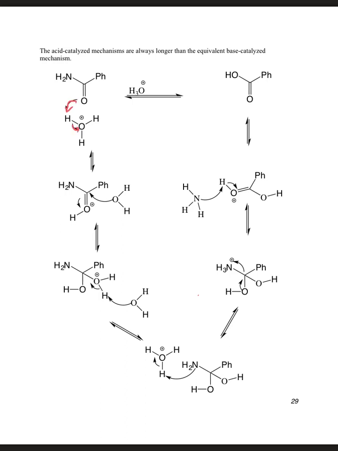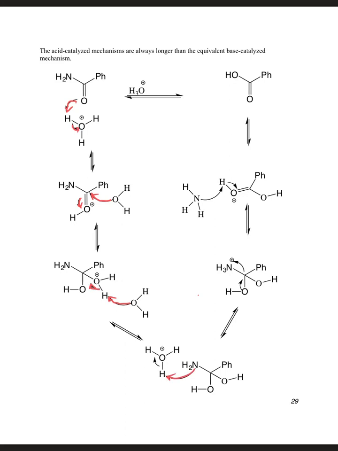We have to make our electrophile better because we don't have a good nucleophile. Then water can add in, break the C=O double bond to form the protonated tetrahedral intermediate.